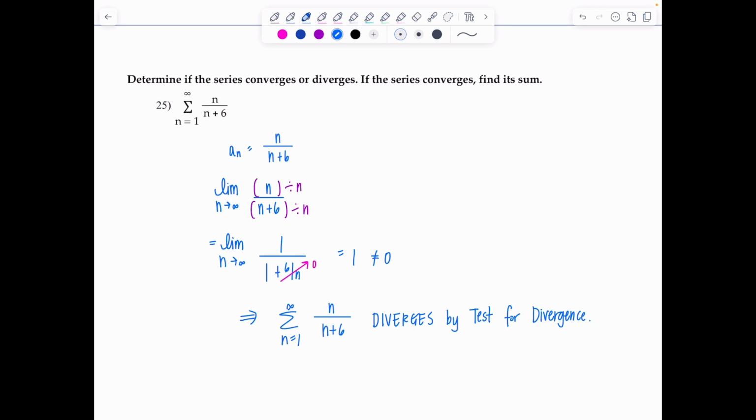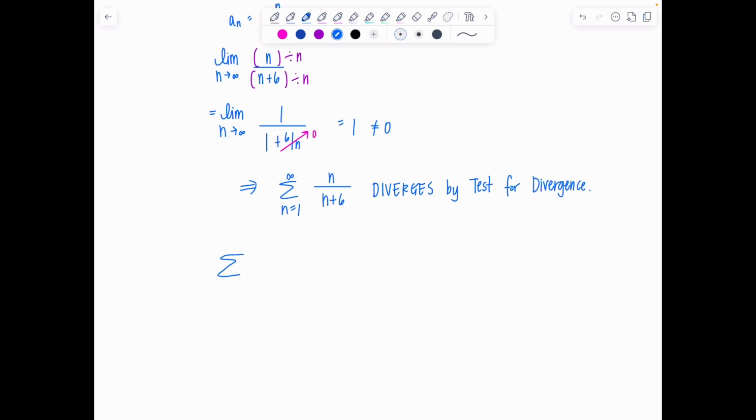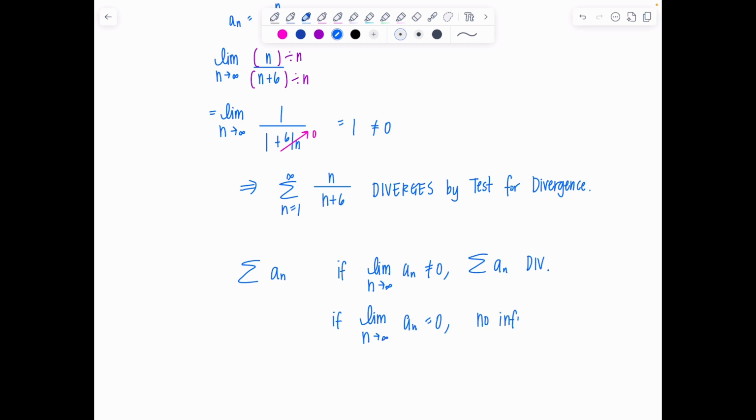Okay, so let me summarize again. You have the sum of a sub n. If the limit as n goes to infinity of a sub n doesn't equal 0, then the sum of a sub n diverges, okay? If the limit as n goes to infinity of a sub n equals 0, no info.